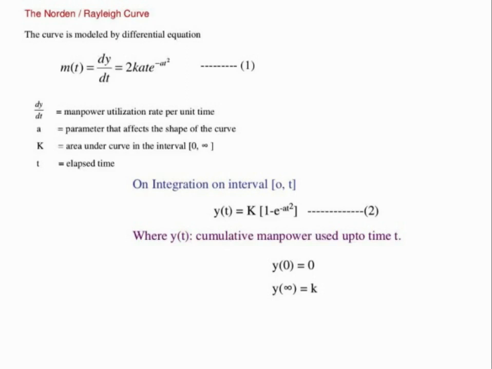Here y(0) is the initial value 0, so at the beginning the manpower value is 0. Then y(infinity) is K. The cumulative manpower is null at the start of the project and grows monotonically towards the total effort K, which is the area under the curve.